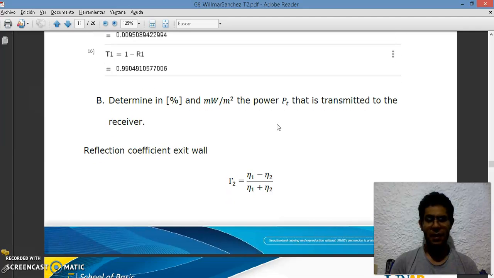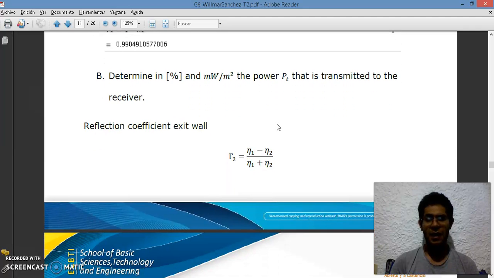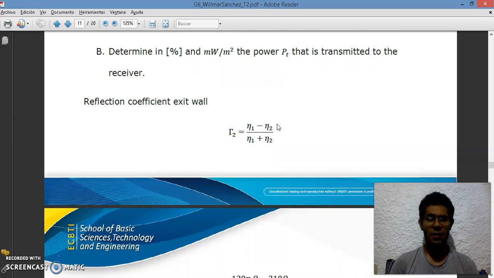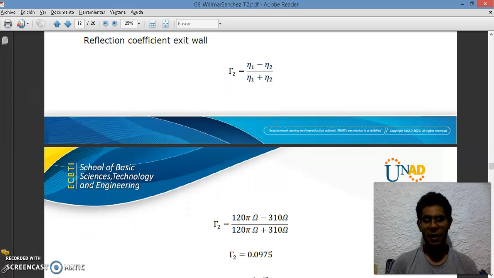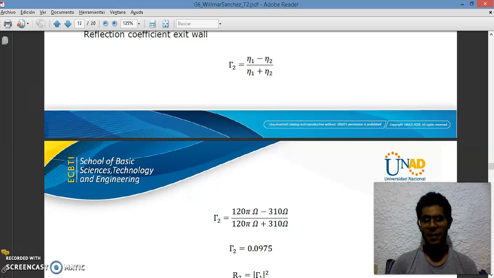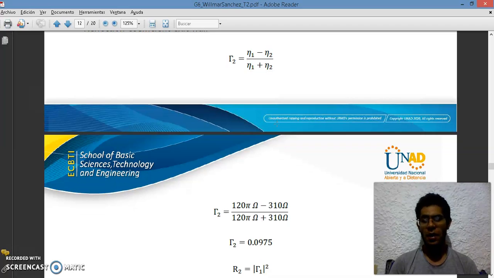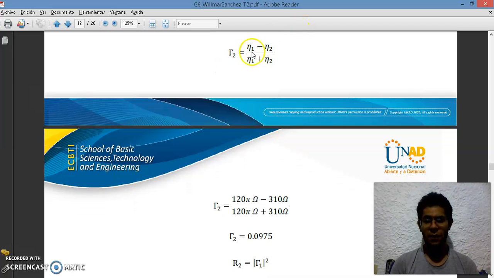Okay, now determine, in percent and milliwatts per square meter, the total power that is transmitted to the receiver. Okay, again, first we find the reflection coefficient at x equal zero with this formula.